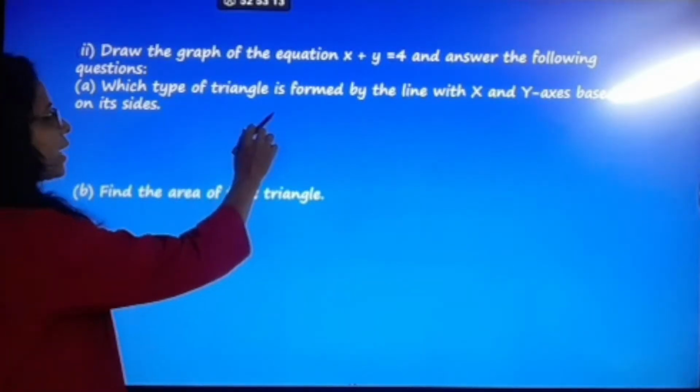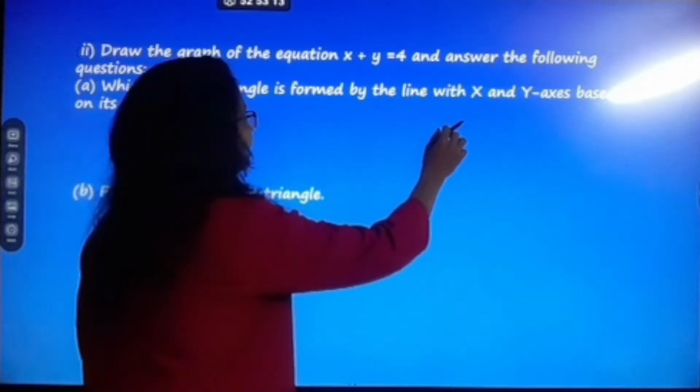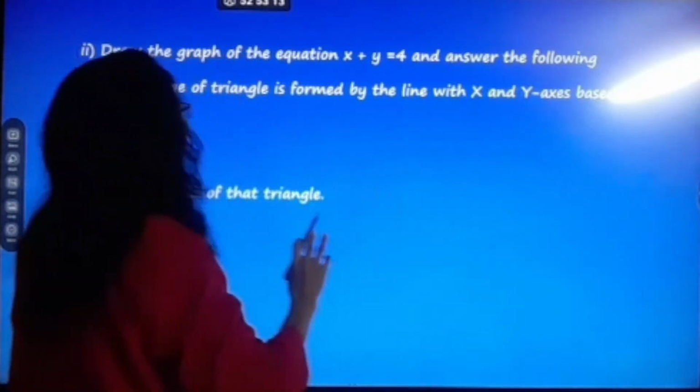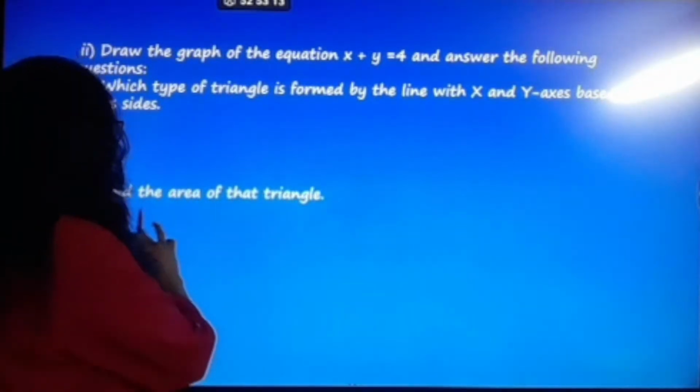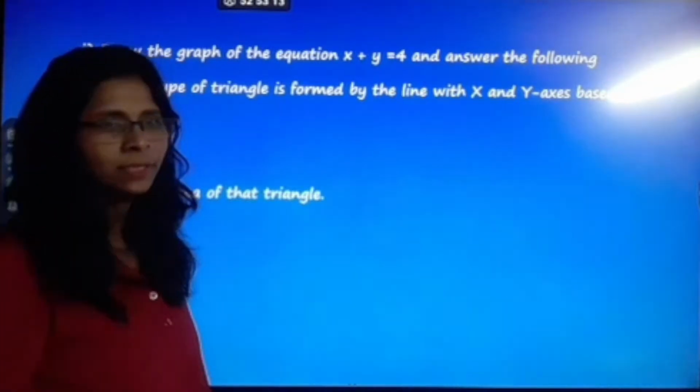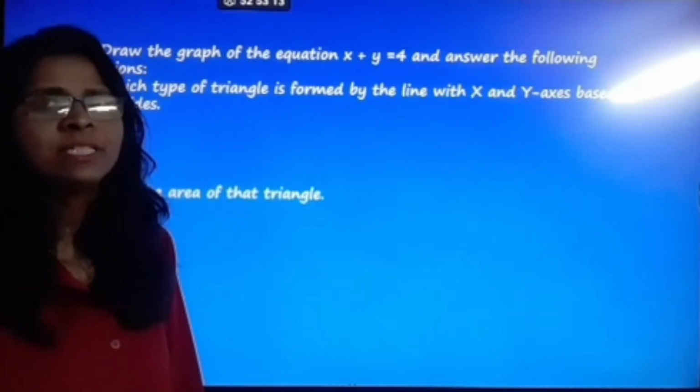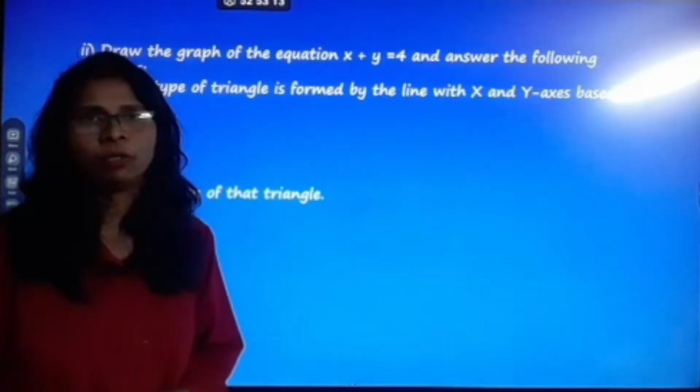Which type of triangle is formed by the line with the x and y axis based on its sides? And then find the area of that triangle. First we have to draw.